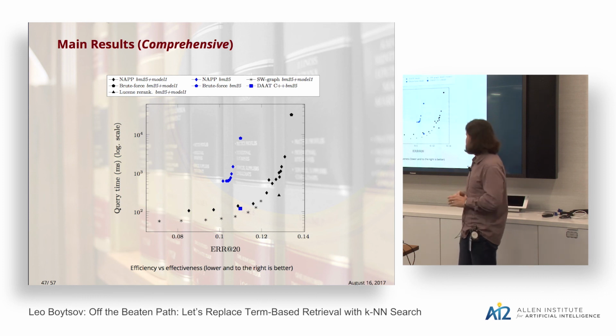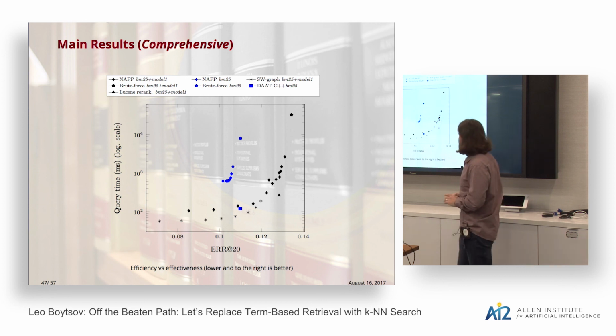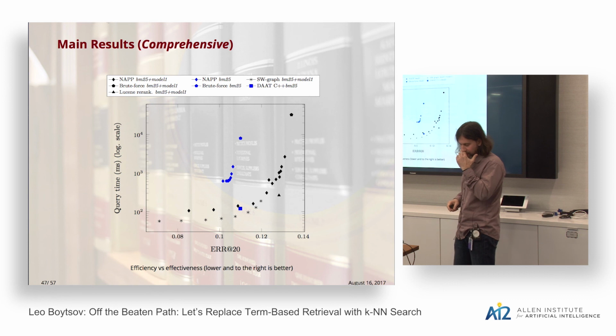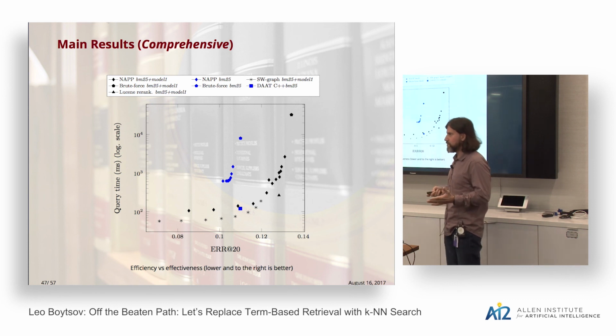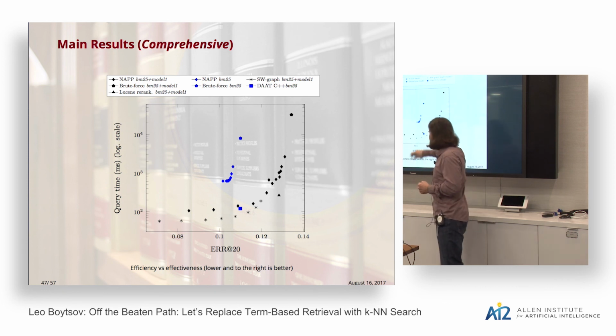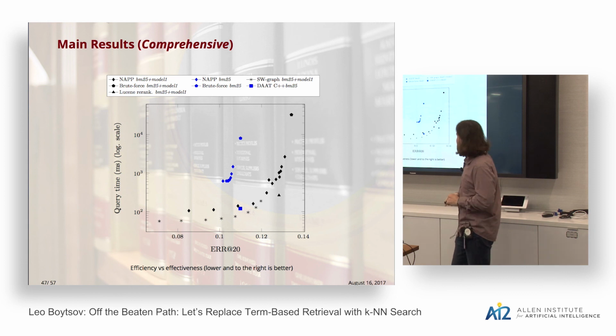But it also uses BM25. It's here, and I also have an effectiveness baseline, which is Lucene used to generate 100 candidates, which are later re-ranked using similarity BM25 plus Model 1. Okay, and ideally, we want to be more efficient than this blue box and more effective than this black triangle.